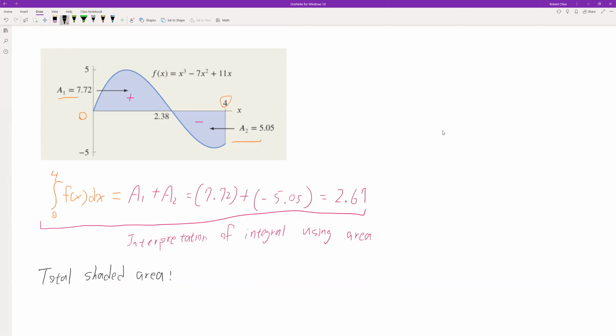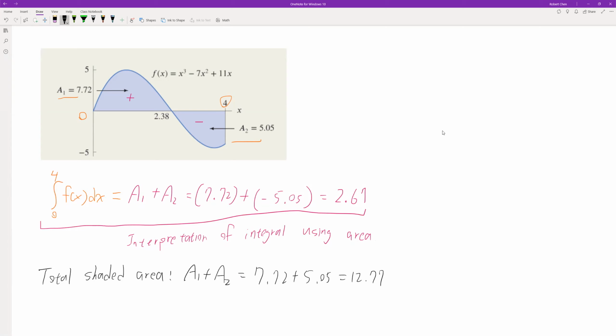All we are actually worrying about is what are the shaded areas. So in this case, we don't have to worry about having negative area because it's below the x-axis. All we need to do is just take A1 plus A2, which is 7.72 plus 5.05, and that will give you 12.77.